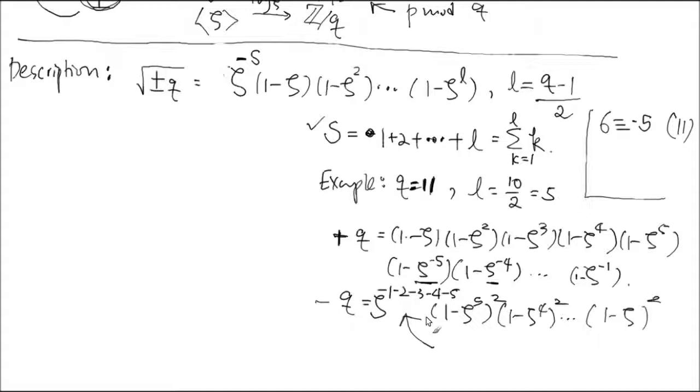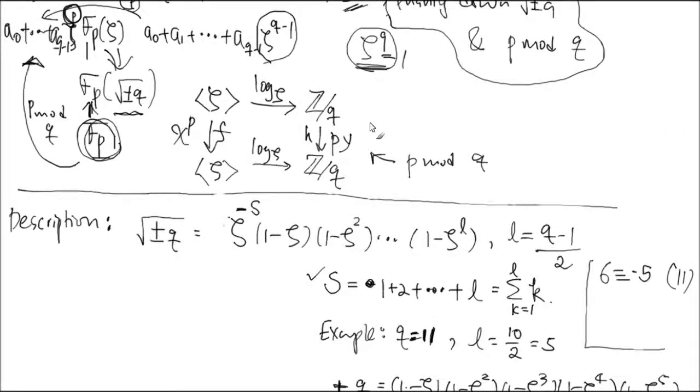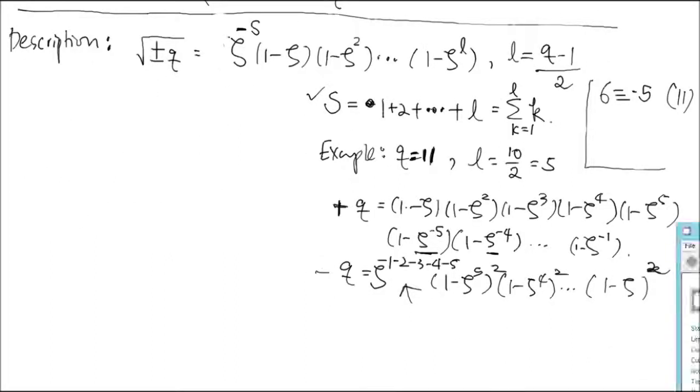What happens if you take the square root of the exponent? You have to divide it by 2. But how do you divide by 2 in mod q? With the multiplicative inverse of 2 in mod q. We're dividing by 2 in the square root, and that's all happening in here. When you put the square root here, this square, that square, that square, they all become just 1.